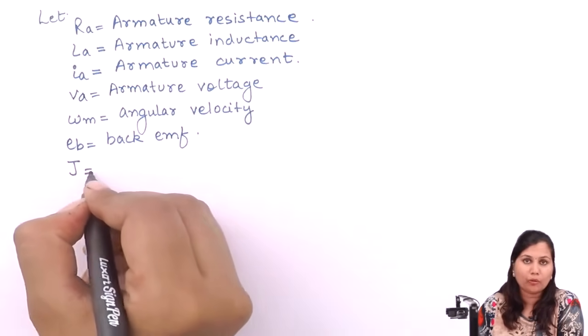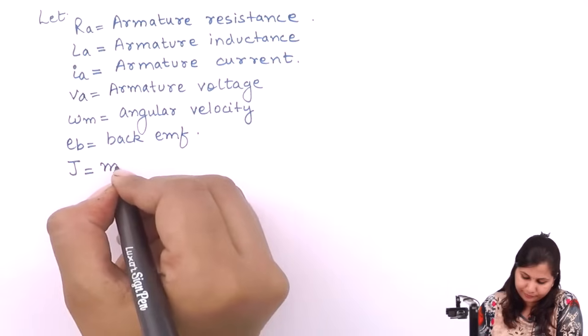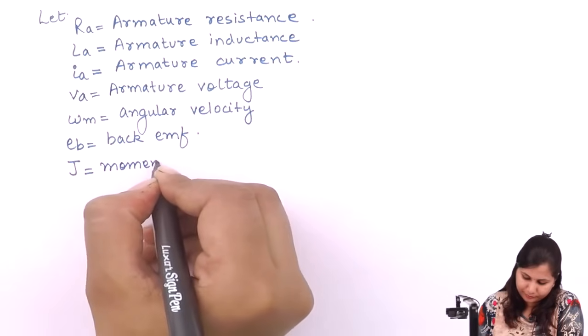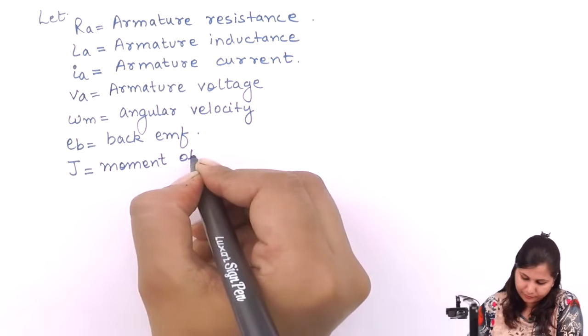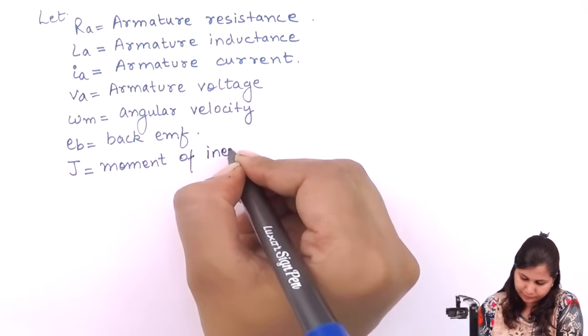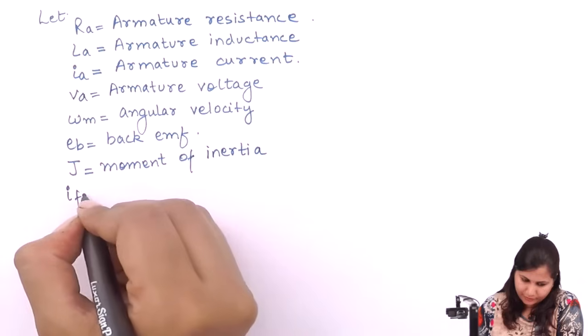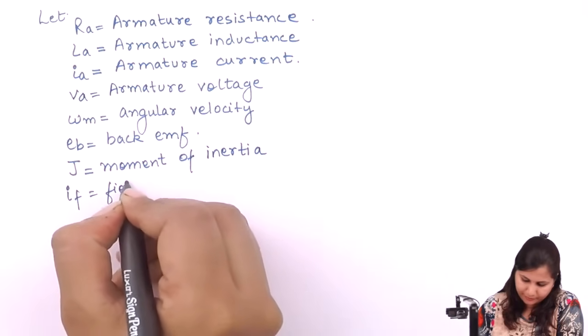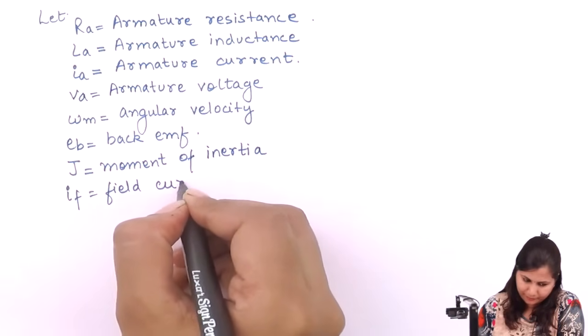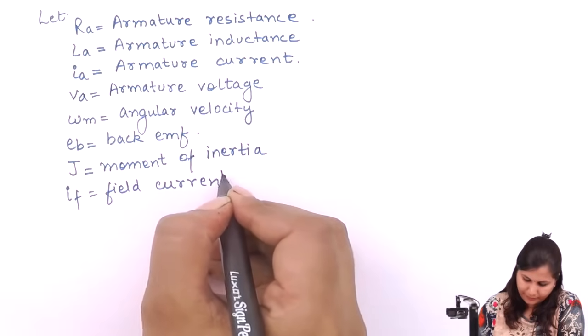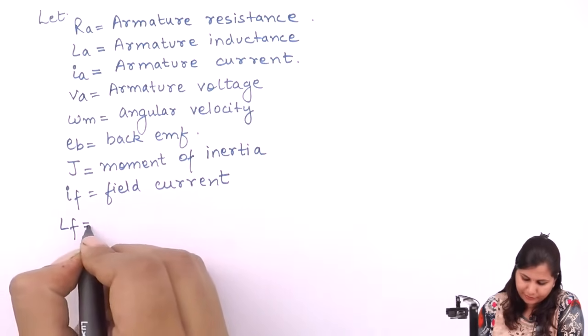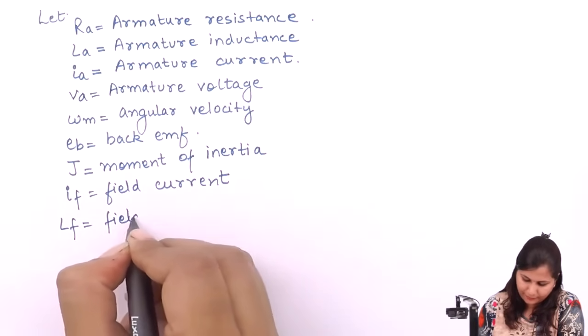J is the moment of inertia. IF is the field current. And LF is the field inductance.